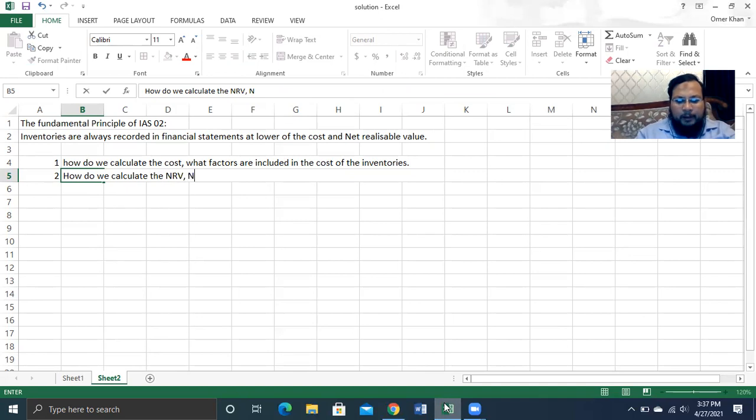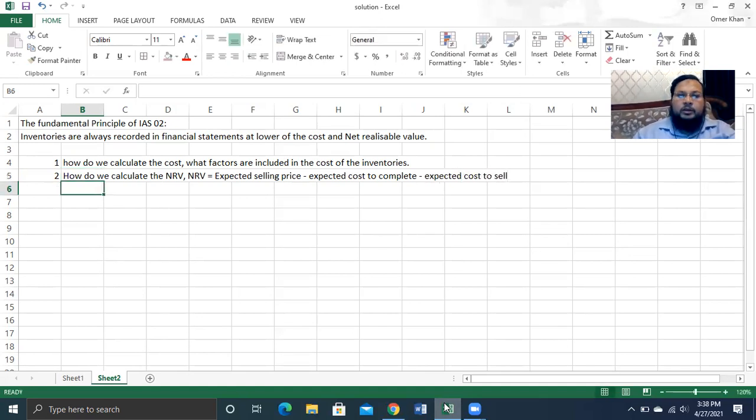So the formula will be NRV is equal to expected selling price minus expected cost to complete minus expected cost to sell. This is the complete formula which is required to calculate the NRV.